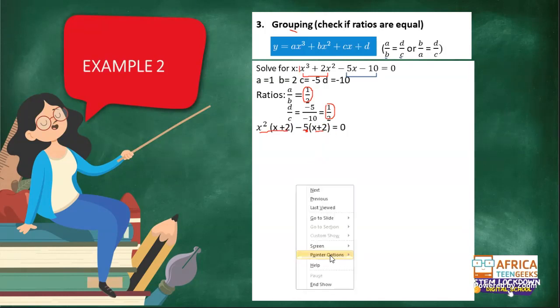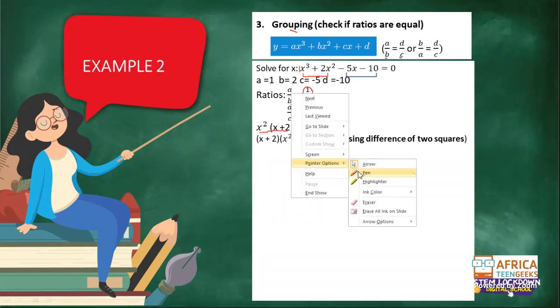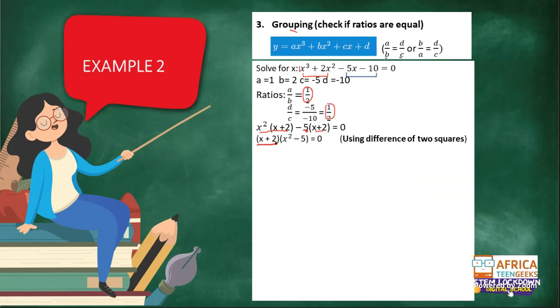You can factor out that x plus 2, and to check if what you factored out is fine, then you will say x plus 2 times x gives you the first term. And then x plus 2 times negative 5 gives you the other term.